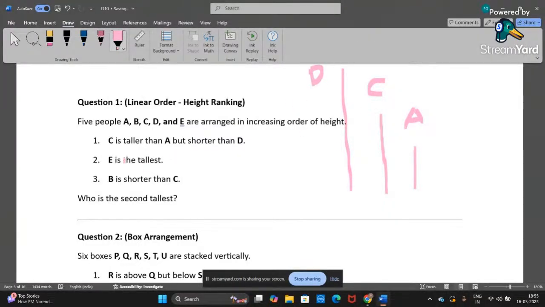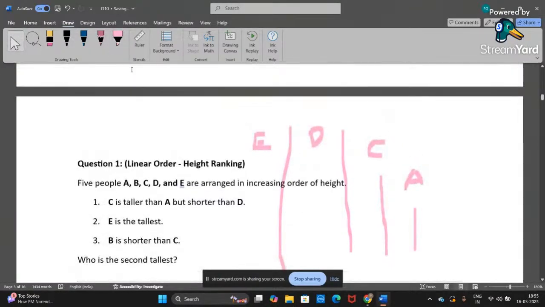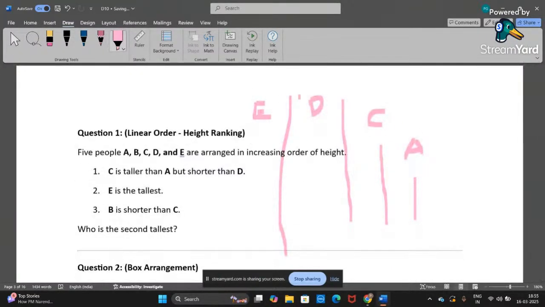E is the tallest person among these five. Let me draw clearly.